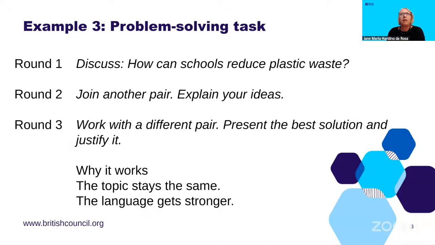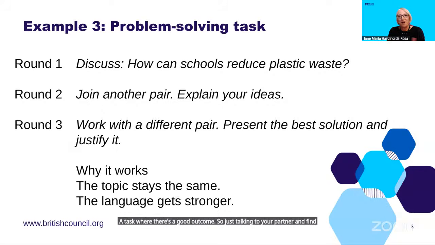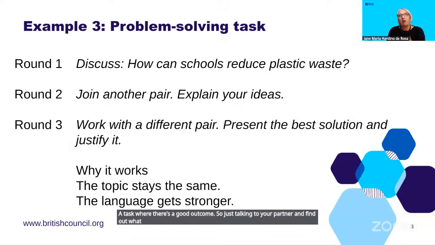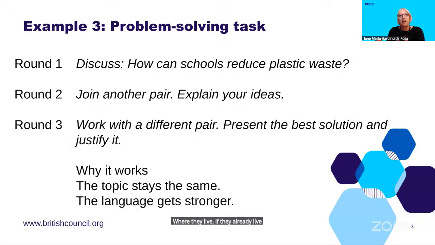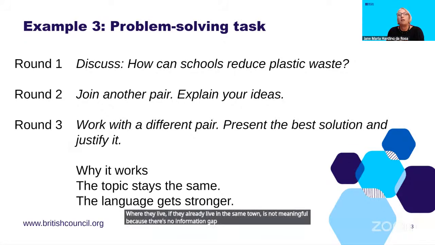An example of a meaningful task is where you've got a task where there's a good outcome. So just talking to your partner and finding out where they live, if they already live in the same town, is not meaningful because there's no information gap. They already know that.